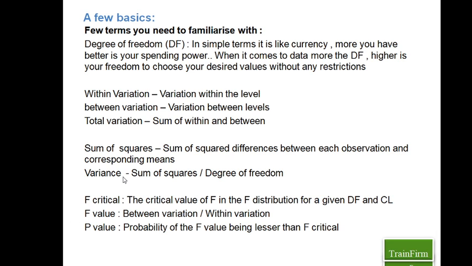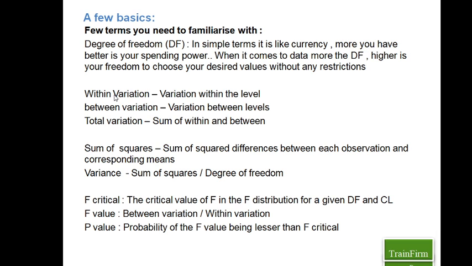These are the decision makers, right? Once you run the analysis of variance, you will see a value called the F value coming alongside your Anova results. So F value is nothing but the ratio of between variation to within variation, right?